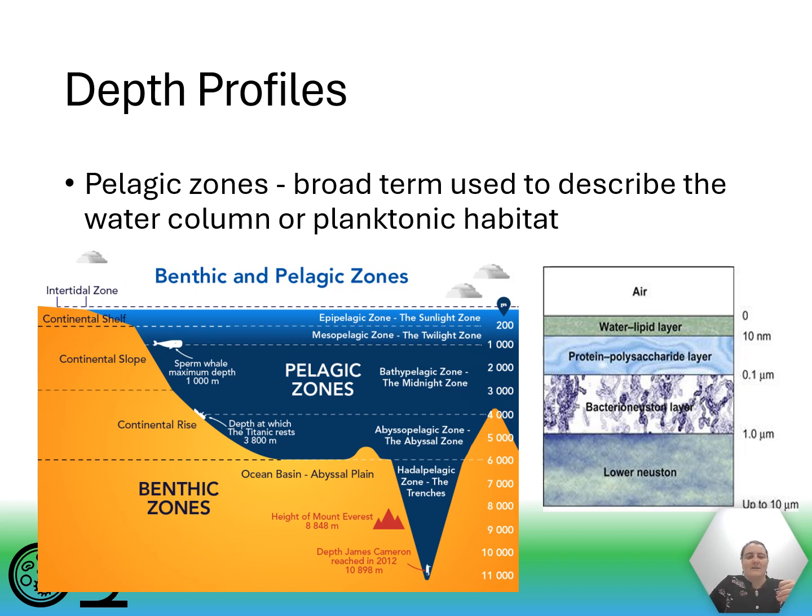Last thing that I want to talk about is depth. So we have what we call benthic zones, and those are sediment-associated zones, and then we have what are called pelagic zones. It always takes me a second to say this word correctly, pelagic zones. And it's a broad term used to describe the water column or the planktonic habitats. So remember, benthic is associated with sediments.